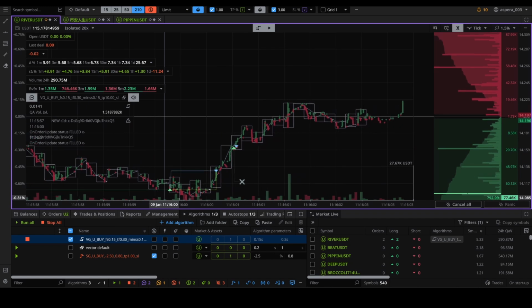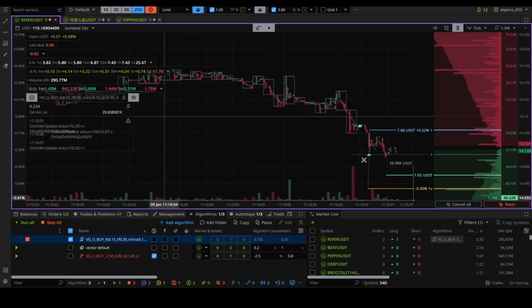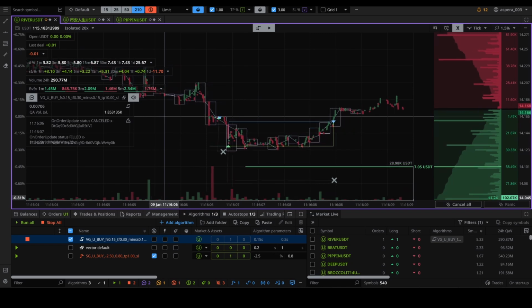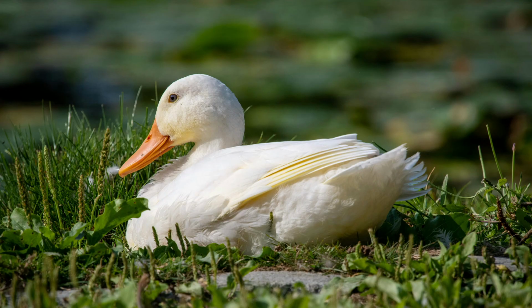But also, the longer it sits there, the farther away it is from the pattern that brought it about in the first place. Let's say you're looking for patterns within 1 second, but then have your orders live for 10 seconds. Well, in 10 seconds, the pattern is long gone and your order is a sitting duck.